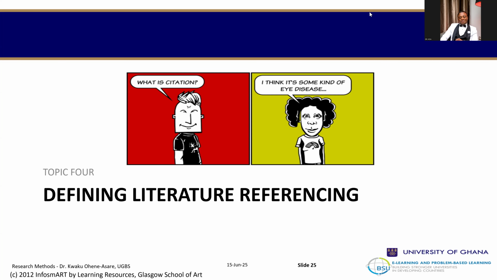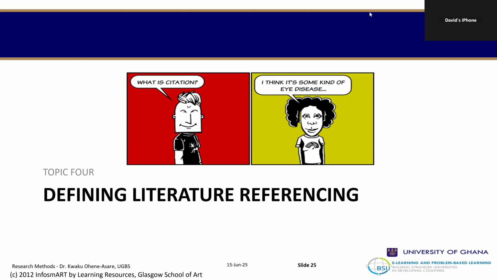David, are you there? I'm here, sir. Sorry, I had a small problem with my microphone. All right. So for the citation, we are kind of putting our references in a literature review.